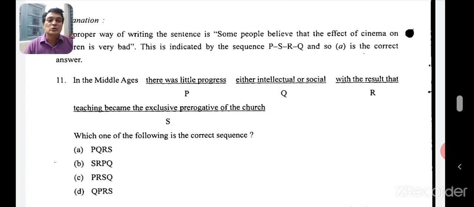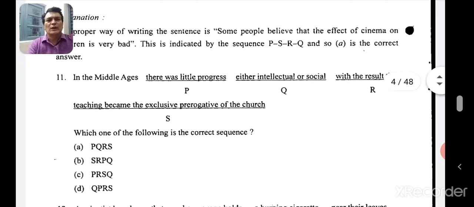Teaching became the exclusive prerogative of the church, with the result that there was little progress, either intellectual or social. So you have to begin with S. So if you have to begin with S, or you just try with P also, but you'll feel that it's correct if you begin with S. Teaching became the exclusive prerogative of the church, with the result that, so S, R, P, Q. So B is the right answer.